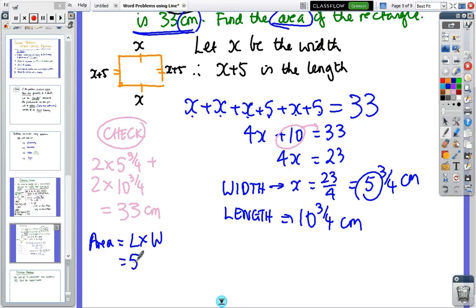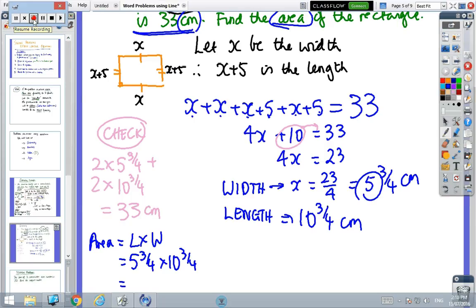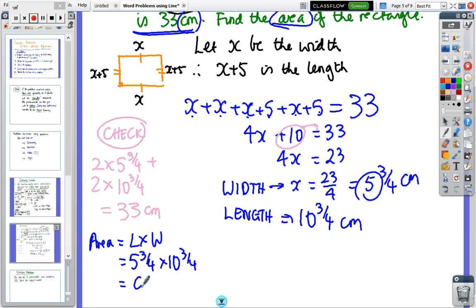So I've got 5 3/4 times 10 3/4, and I'll get my calculator out. So when I put that on my calculator, I get 61 13/16 centimetres squared. Okay, so I've answered the question.